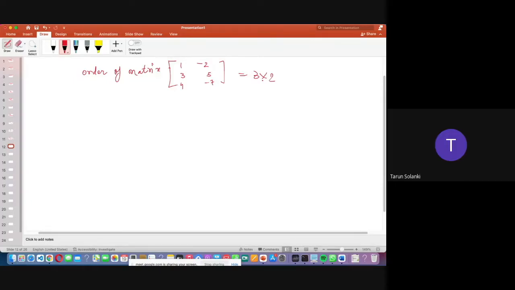Now we'll see all the types of matrices. That is important. So let me put the heading, types of matrices.